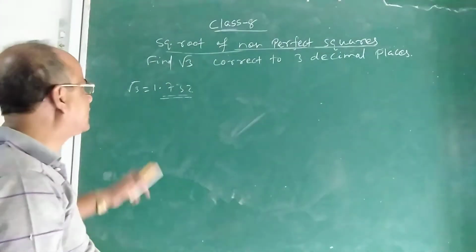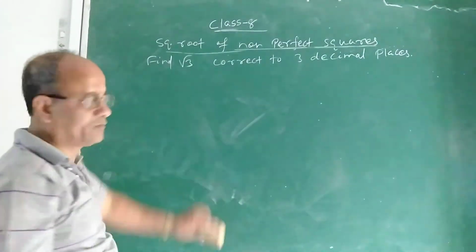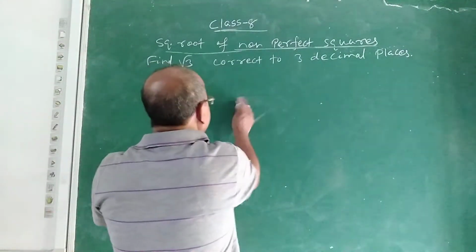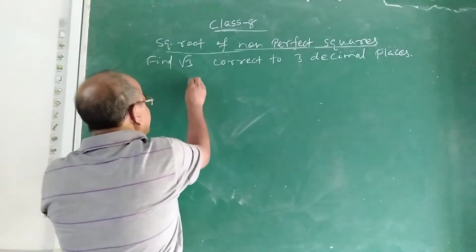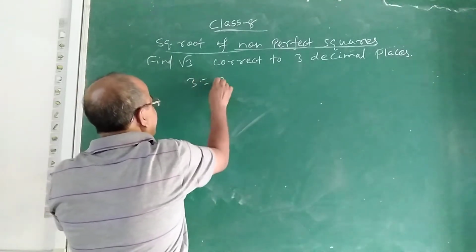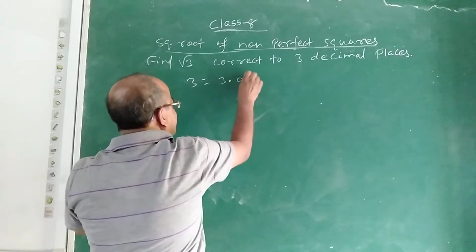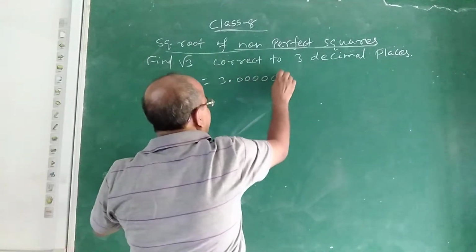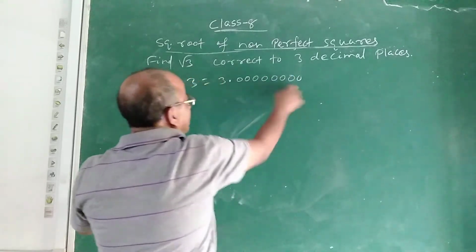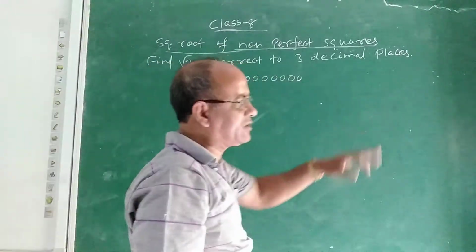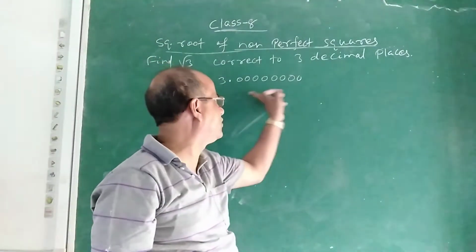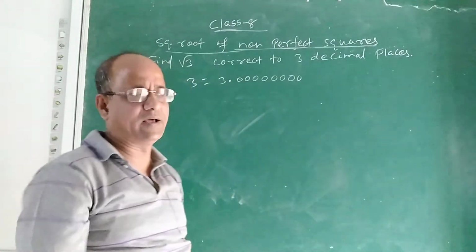Let us see what the actual square root of 3 is, correct up to 3 decimal places. Now what is the process? To find the square root of 3, we can write 3 as 3 point, followed by as many zeros as we like after the decimal point, because these zeros have no value.